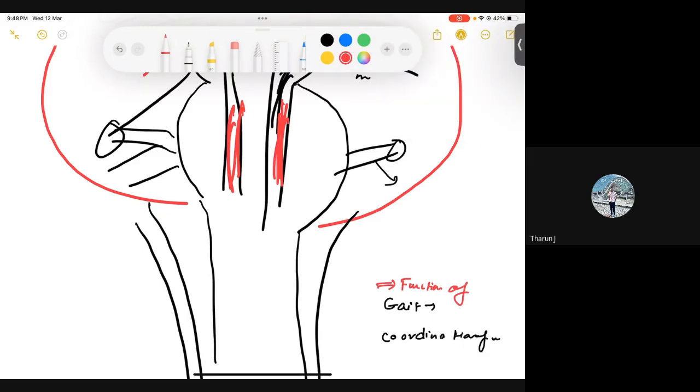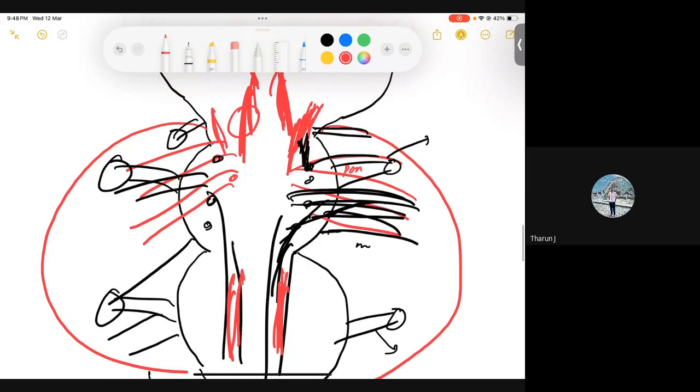So the cerebellum is connected to the pons with the help of the pontine nucleus, right? As we already discussed, the idea is that the cerebellum is aware of the current status of your muscles. If I want to undergo a motor activity, first of all I should know the current situation of the muscles, what the tone is and what the position is. So the cerebellum already knows that, right?